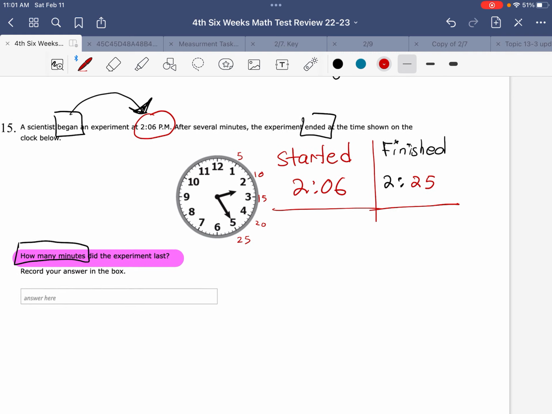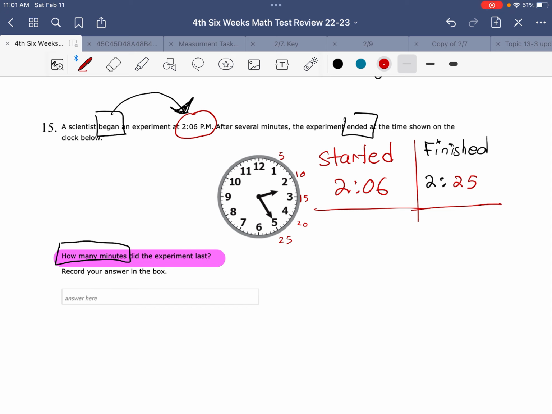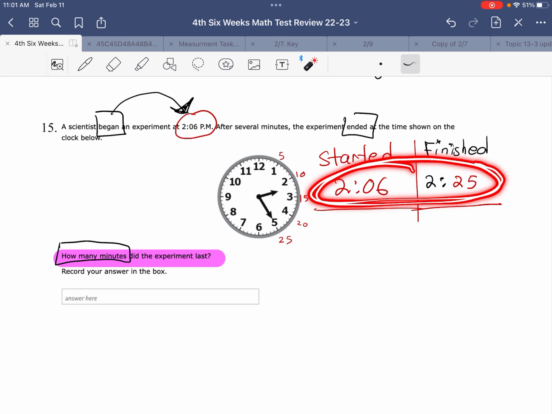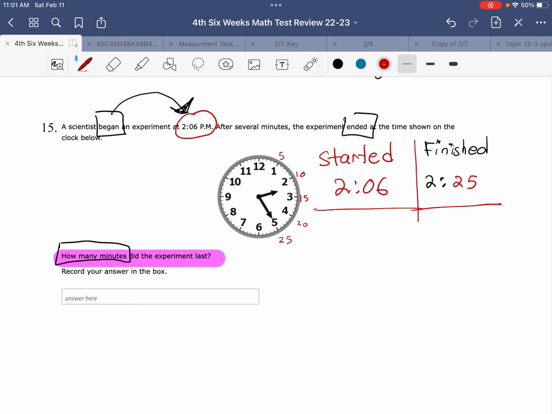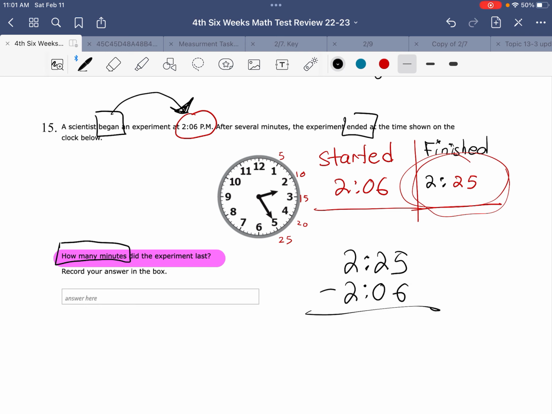Now I have to figure out how many minutes the experiment lasted. How do I figure that out? So I'm going to subtract because I know my finished time already. So I'm going to do 2:25 minus 2:06.